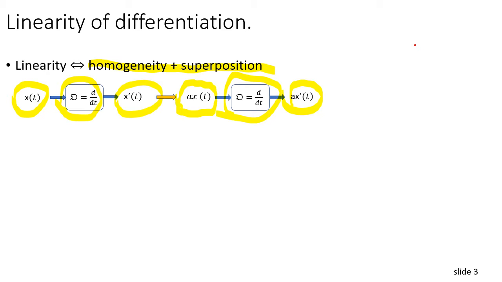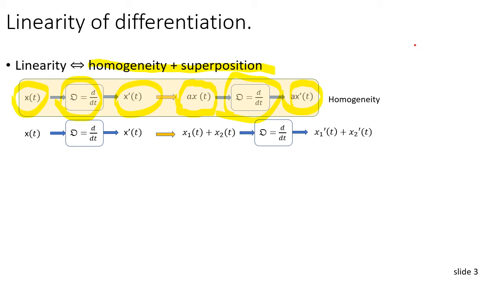Nothing happens to the a. It's like it gets moved aside for a second, the differentiation process happens to the function x(t), and then a returns to its original position. This property is called homogeneity. It is extremely weird, but this is just how things work.